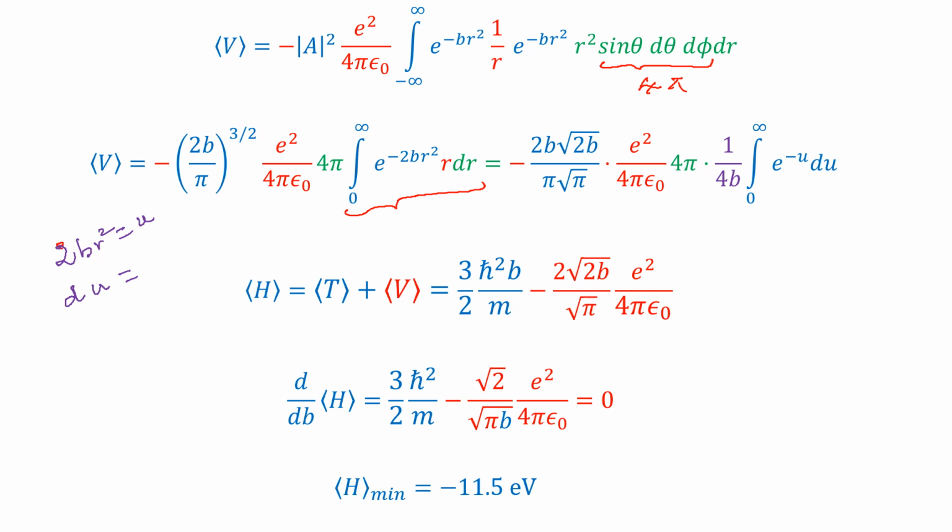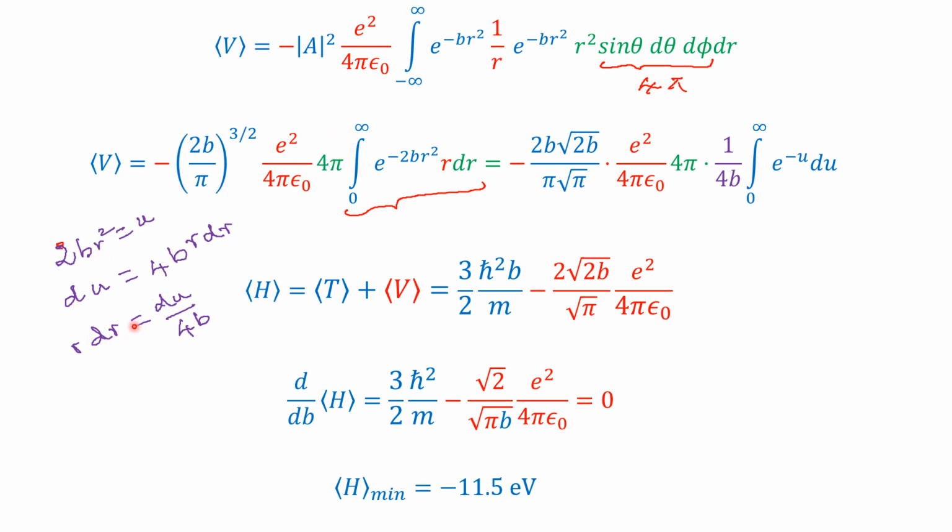So 2 into 2, you will get 4p r dr. Then r dr is equal to du divided by 4p. The limit will not change. If r is 0, u is also 0. If r is infinite, u is also infinite.